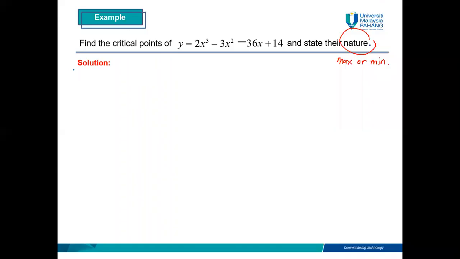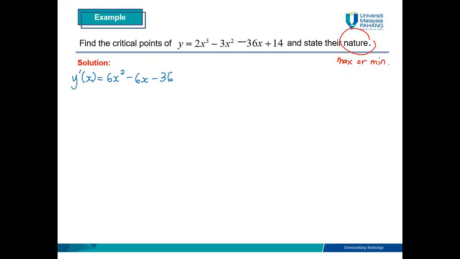So we differentiate, y prime x equal to, differentiating 2x cubed, you got 6x squared, minus 6x, minus 36.